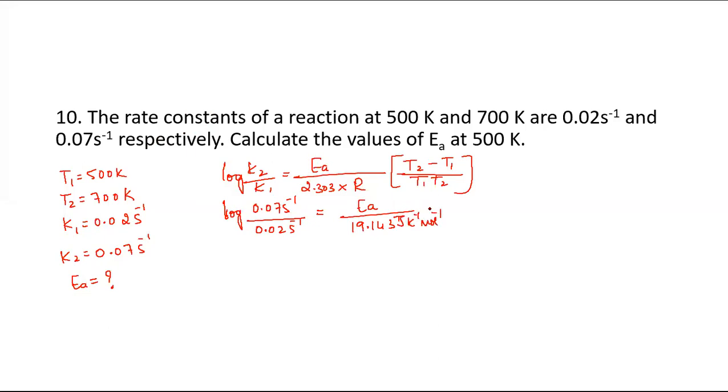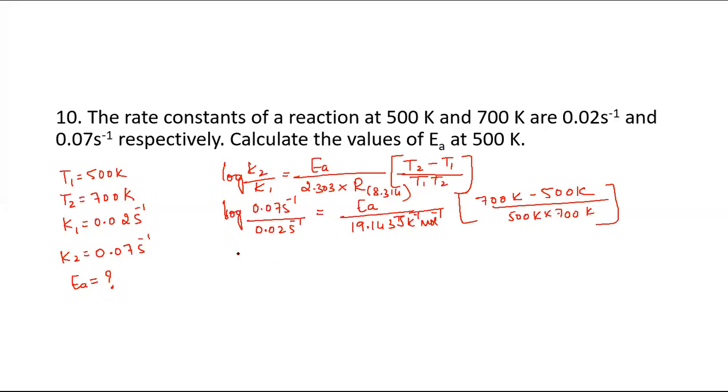Multiplying 8.314, the value of R, with 2.303, we get 19.143. Now T2 is 700 Kelvin, T1 is 500 Kelvin, divided by 500 into 700. If you do the substitution correctly, it will be easy to solve the problem.